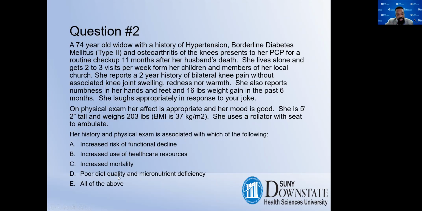D, poor diet quality and micronutrient deficiency. And so potentially all of the above are correct, okay? Increased risk of functional decline, decreased mobility with arthritis and obesity, increased use of healthcare resources, and increased morbidity and mortality from macrovascular, microvascular, and poor nutrient, okay, B12 deficiency and other things. So all of the above potentially are correct.